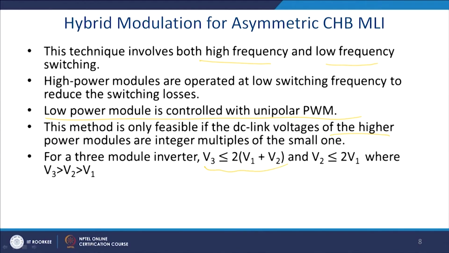Moreover, in this 3 module inverter, V3 should be less than or equal to V1 plus V2, and again V2 should be less than or equal to 2 V1. In that way, we need to consider this constraint to be satisfied. So, V3 should be greater than V2, and it should be greater than V1.